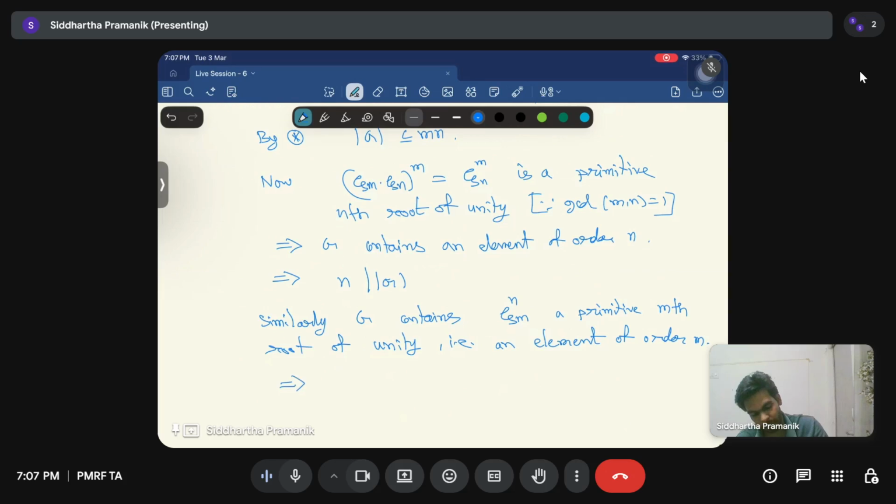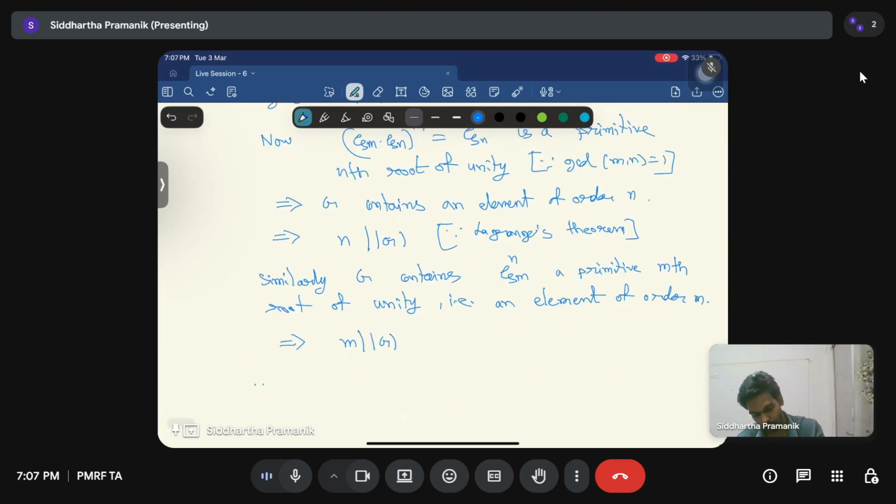So this will imply m will divide the order of the group G. This is by Lagrange's theorem. The order of the element must divide the order of the finite group. Because it comes from Lagrange's theorem, the order of the subgroup must divide the order of the group. So in particular, the order of the element must divide the order of the group, because you can take the cyclic subgroup generated by the element.